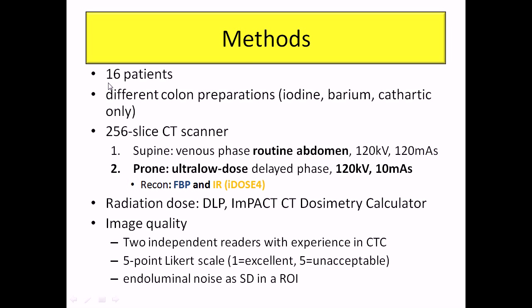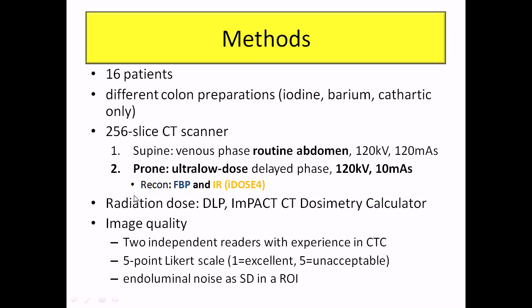There were 16 patients, different colon preparations, and we did 2 acquisitions, from which the second one was done ultra low dose with 120 kV and 10 mAs as a reference. We did 2 reconstructions, filtered back projection and iterative reconstruction with iDose 4.